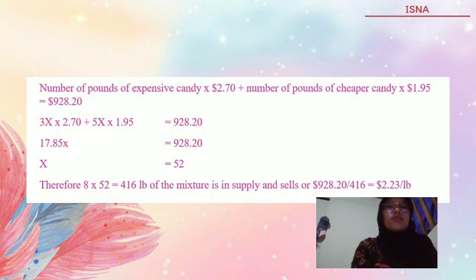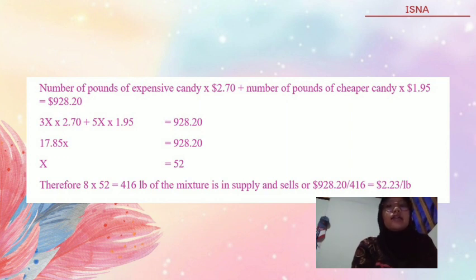3x times 2.70 plus 5x times 1.95 equals 928.20. 17.85x equals 928.20. x equals 52.